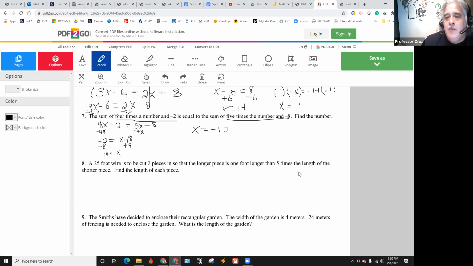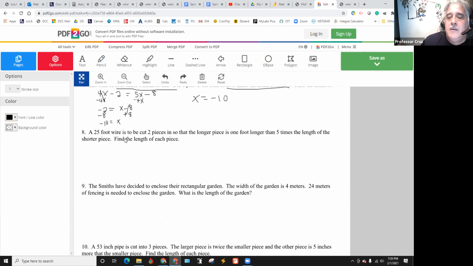All right, now the key with some of these things like 8, and I think also 10, they're giving you some valuable information here. They say that a 25-foot wire is cut into 2 pieces so that the longer piece is 1 foot longer than 5 times the length of the shorter piece. So let me kind of show you.